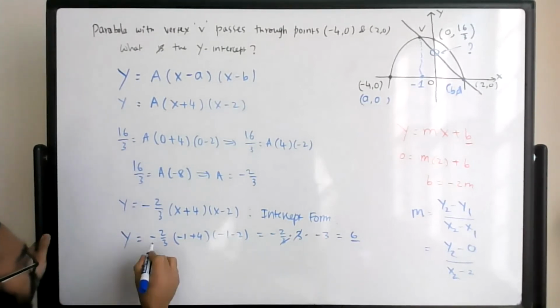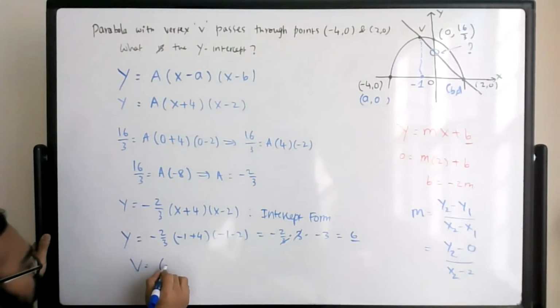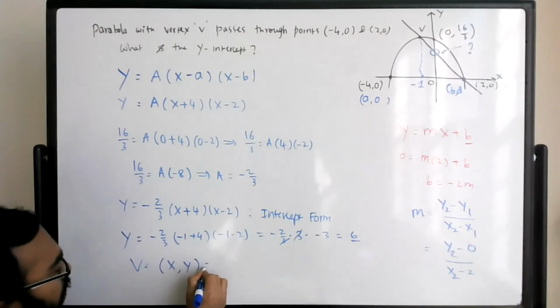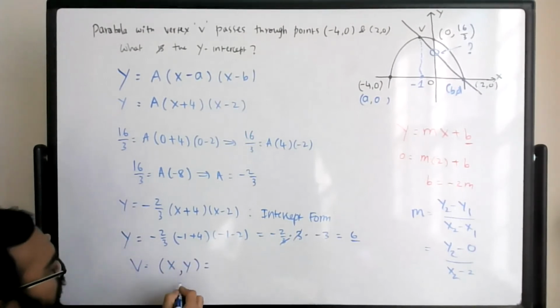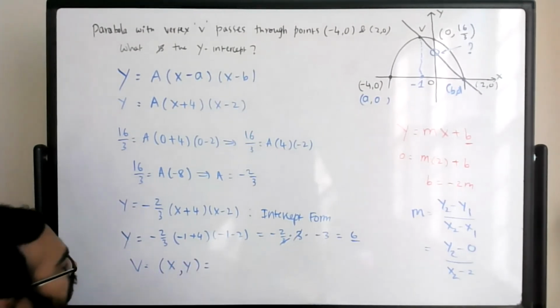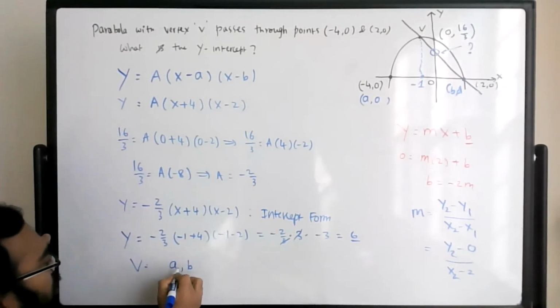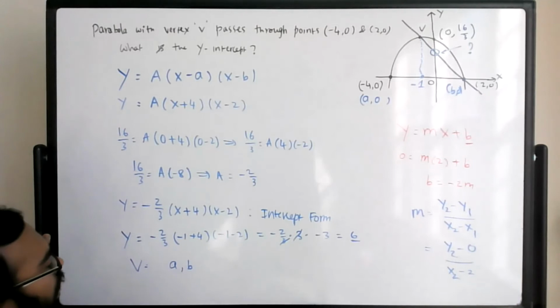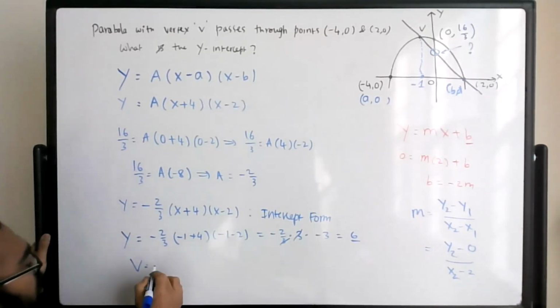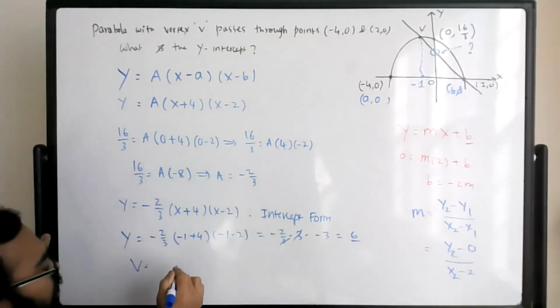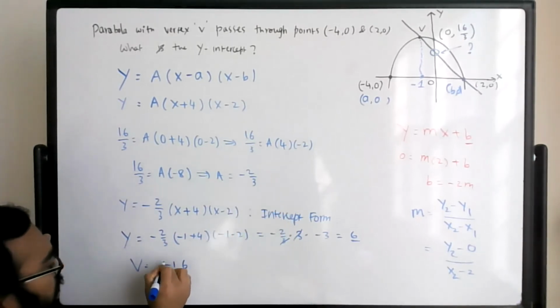So I know my vertex V, which is x comma y, or x2, y2, whatever you want to call it. Let's use the same letters, A and B. No, we didn't say A and B, they're different. So the vertex x coordinate is -1, the y coordinate is 6.